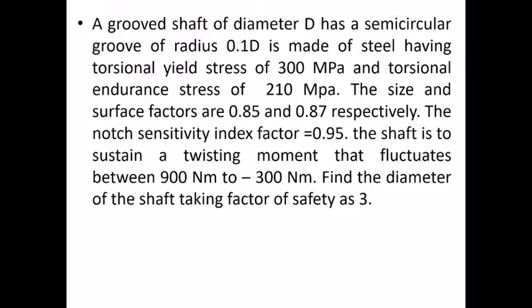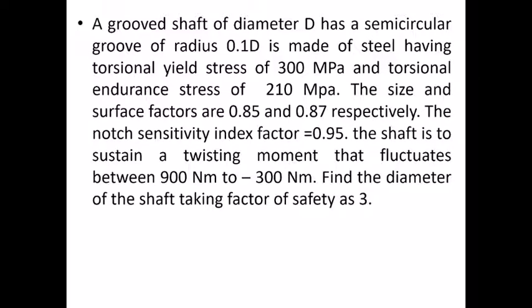The size and surface factors are 0.85 and 0.87 respectively. The notch sensitivity index factor is 0.95. The shaft is to sustain a twisting moment that fluctuates between plus 900 Newton meter to minus 300 Newton meter. Find the diameter of the shaft taking factor of safety as 3.